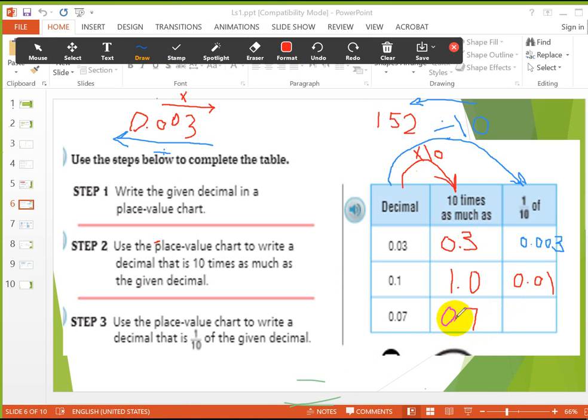Now, I want to find the number that is 1 over 10 of the decimal number 0.07. Excellent, Larissa. You gave me the right answer. Here, to find this answer, I have to move the decimal point one digit into the left side. Left side, okay?